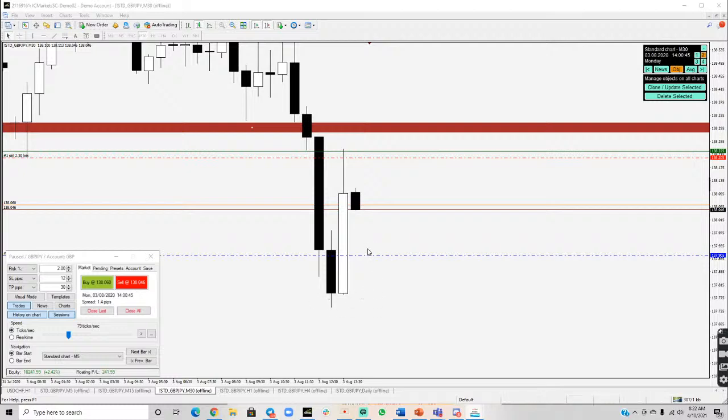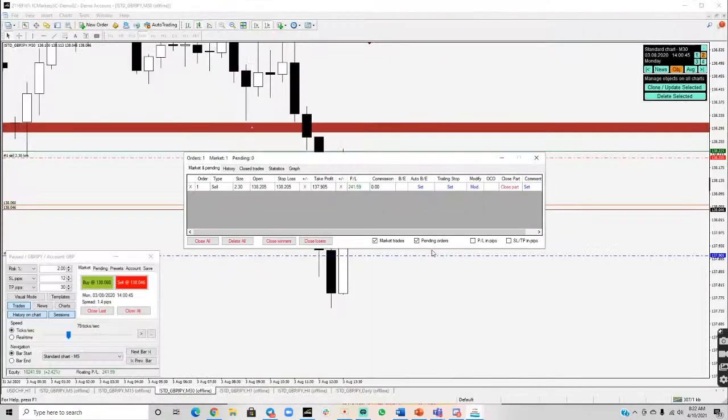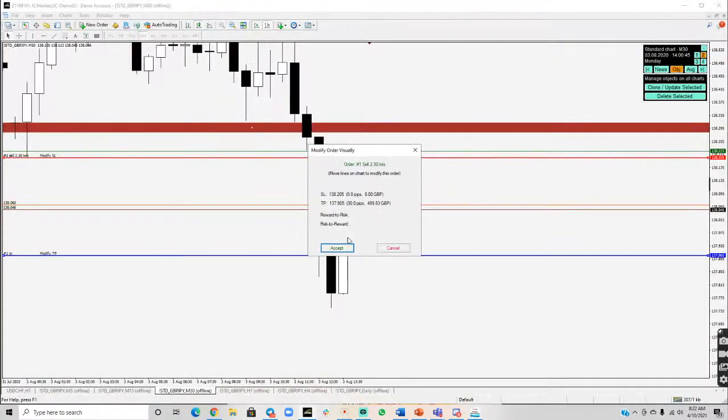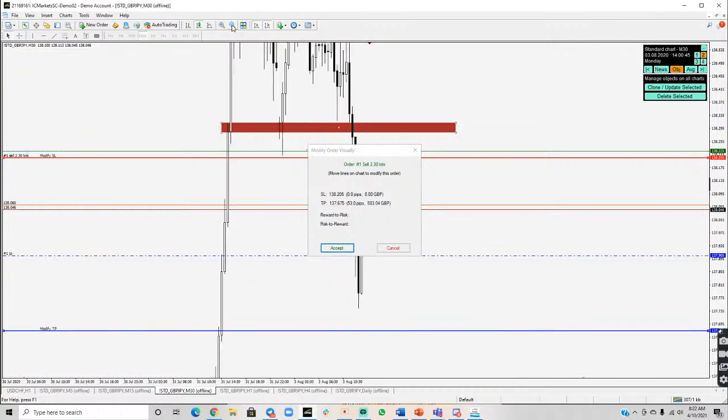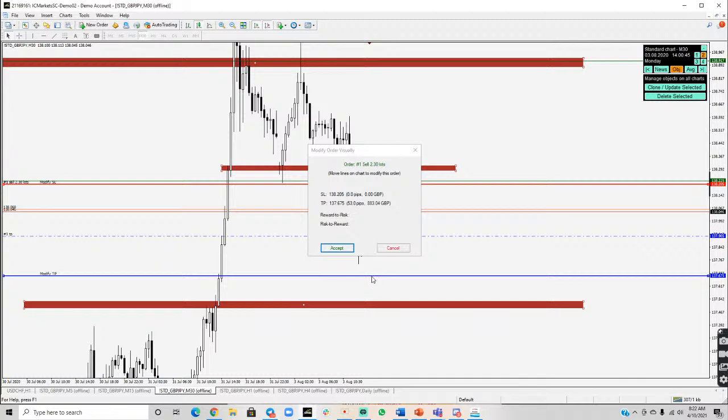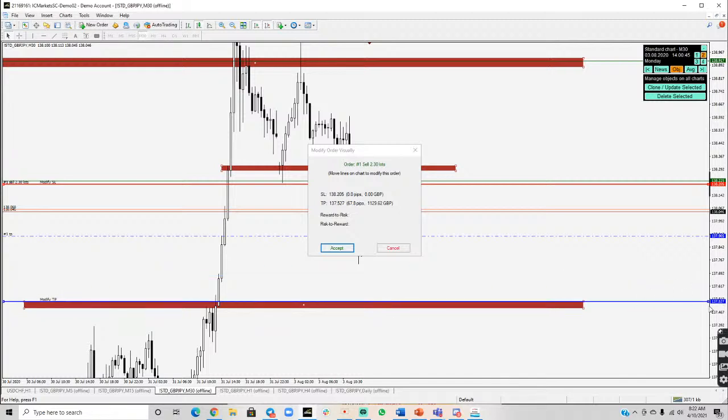So I'm just gonna move our overall take profit so that, you know, let's zoom out and see. Yeah, so let's put our overall take profit at 137,527.